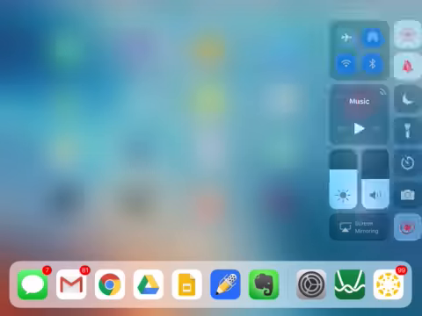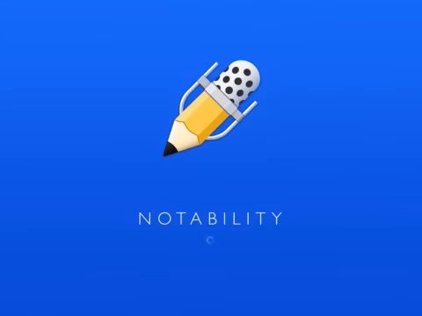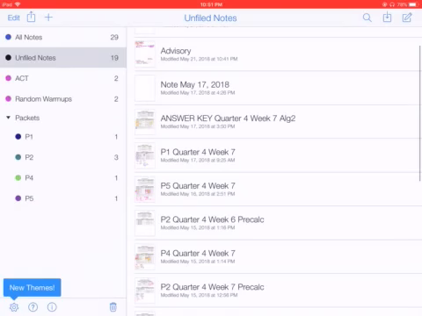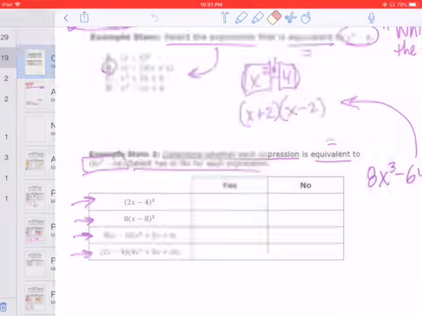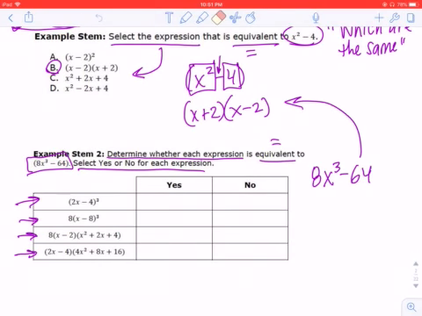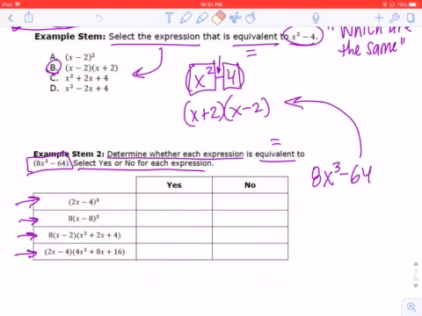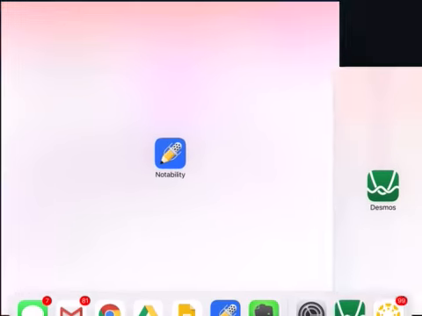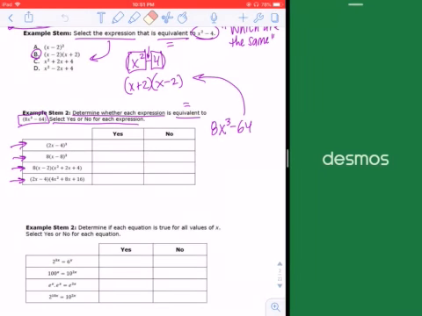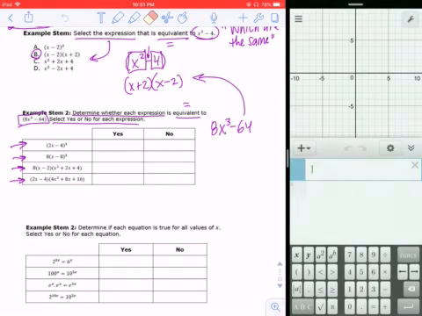Sorry, y'all. Let me start over. All right, we're back here. We're loading Desmos. Here we go. Okay, so sorry about that, y'all.